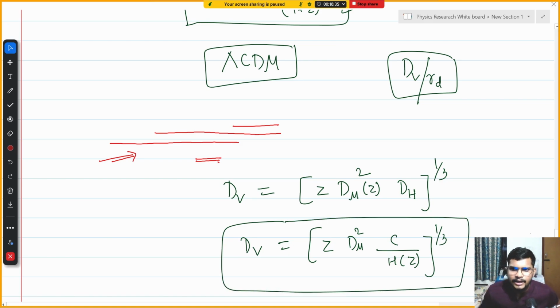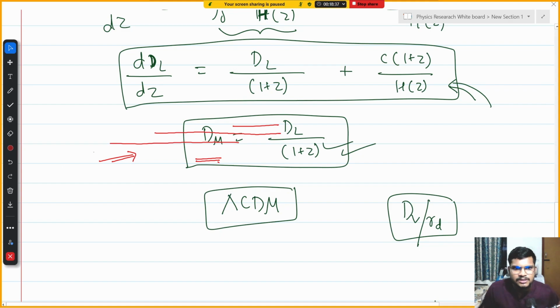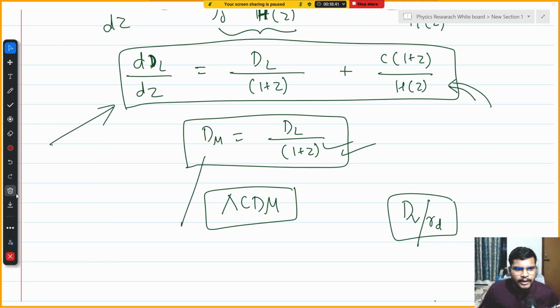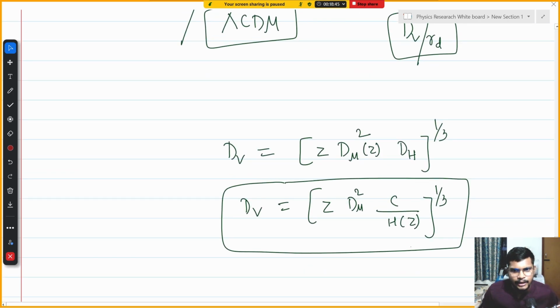Now you understand that if I know the evaluation of this dL, from this evaluation I can easily calculate my dM, right? And once I know dM, I also have the differential equation for H(z). So I easily know H(z), and I know my dL evaluation.